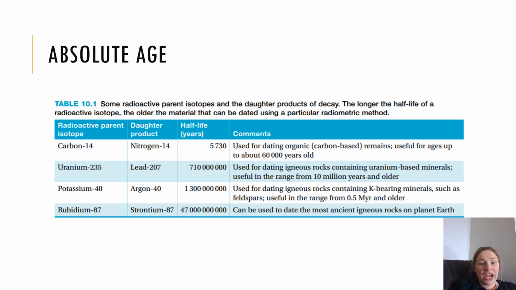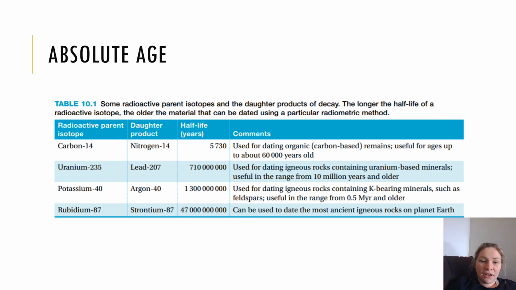Carbon-14 will actually change into nitrogen-14 over a known rate of time. So you can see, and you'll see on the following slides as well as the Ed Rollo videos, that we talk about half-life. A half-life is the amount of time it takes for half of the carbon-14 that's present in our sample of rock to change into nitrogen-14.